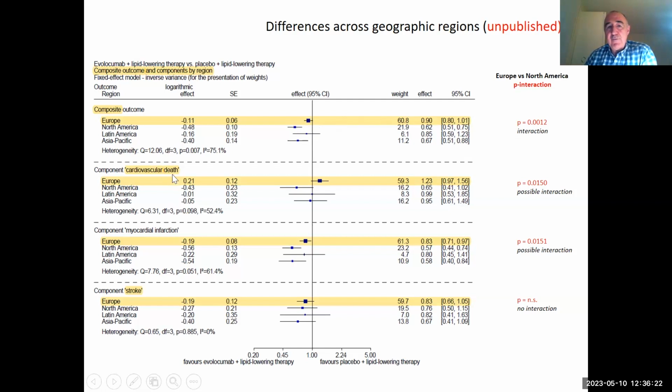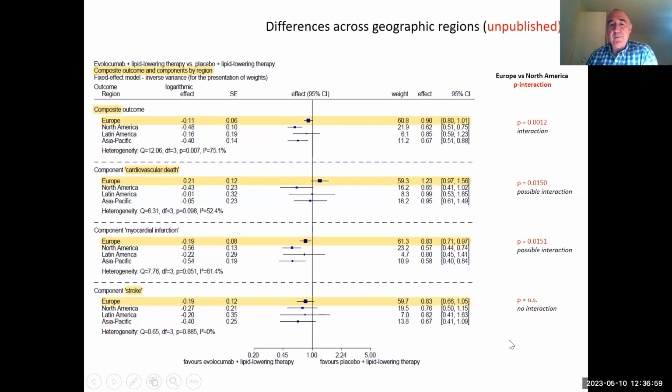If you take a look at the cardiovascular death outcome, the same happened. In Europe, there was a 23% increase in cardiovascular death. You may remember that according to the publication, there was an overall 5% increase in cardiovascular mortality, but in Europe it was 23%, while in North America there was a 35% decrease in cardiovascular mortality.